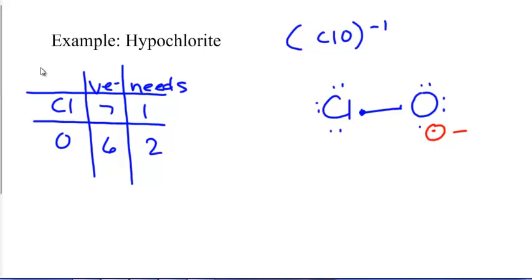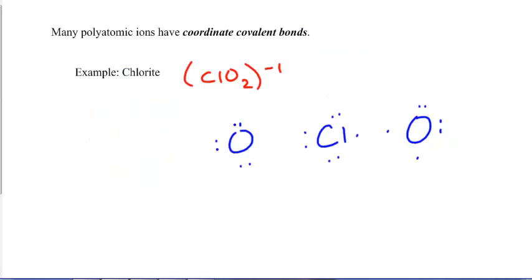Now, there are other cases where we can have a coordinate covalent bond within a polyatomic ion, like chlorite. Chlorite is like hypochlorite, except it has 2 oxygens instead of just 1. Hypochlorite and chlorite both have a -1 charge. So what happens with hypochlorite is going to be somewhat similar to one of the oxygen atoms for chlorite.